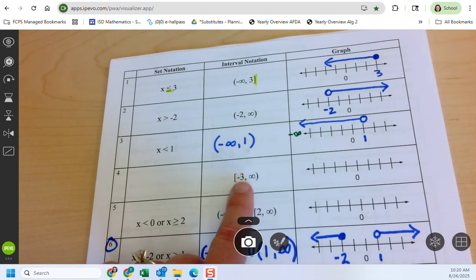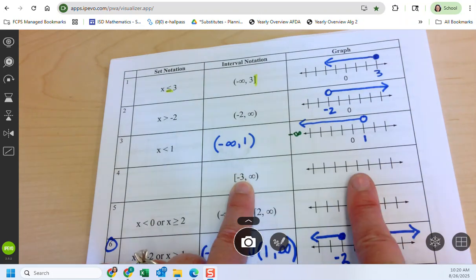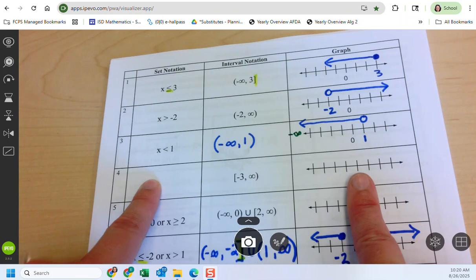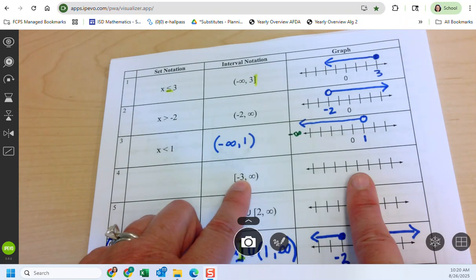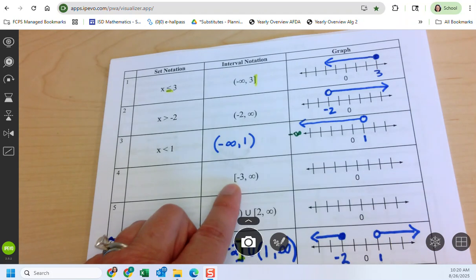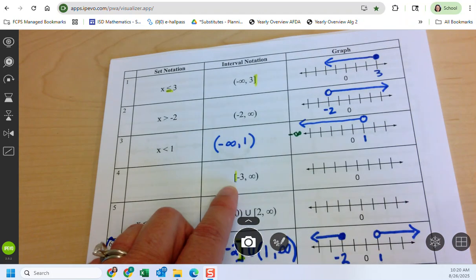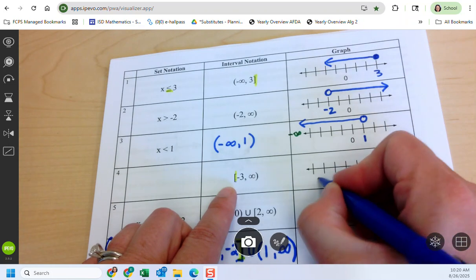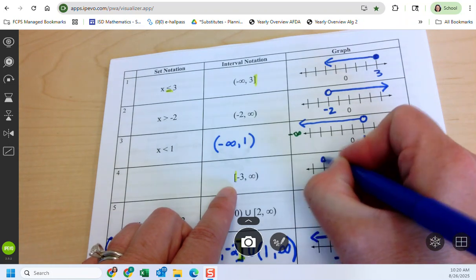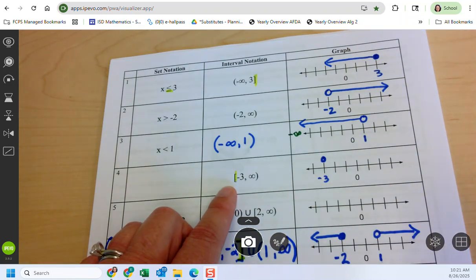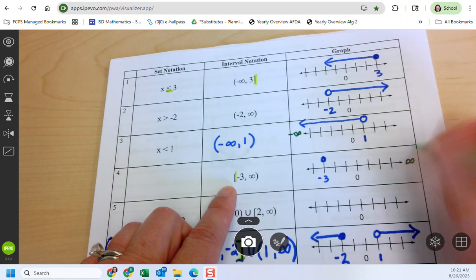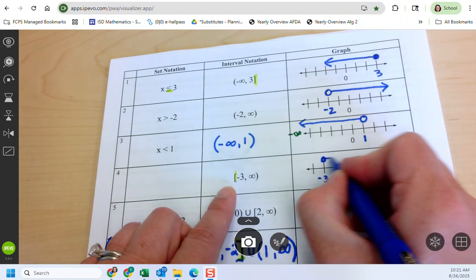All right, again, I'm going to start with this one, go to the graph, and then I'll fill in the set notation. So this says from -3 to infinity, and because it's a square bracket, I'm going to use a solid dot. So 1, 2, 3, -3, solid dot, and then positive infinity is on this side. So it's going to the right.